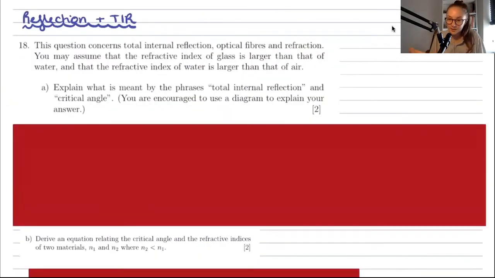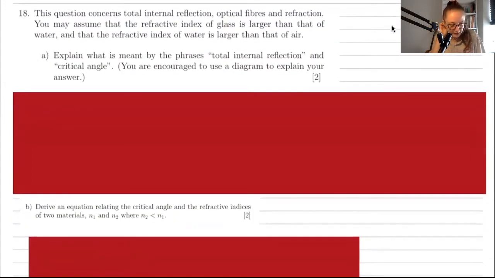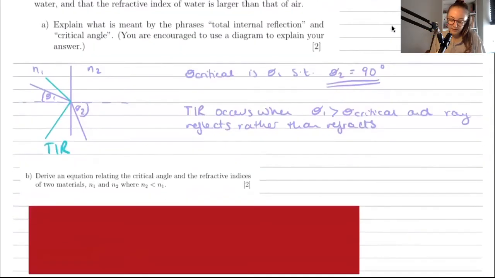So the previous question, we tackled some total internal reflection there. And this next point on the syllabus is to do with total internal reflection. So this question wants us to explain what is meant by total internal reflection and the critical angle. So we've just kind of tackled it there.